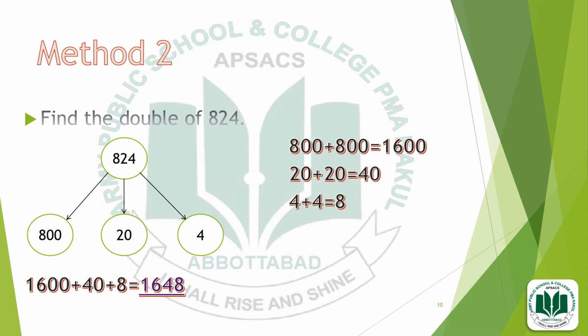Then we find the double of 20. 20 plus 20 is equal to 40. Then double of 4 is 4 plus 4, which is equal to 8. Then we add these three numbers, 1600 plus 40 plus 8, and it becomes 1648. So in this way we get the double of 824, which is 1648.